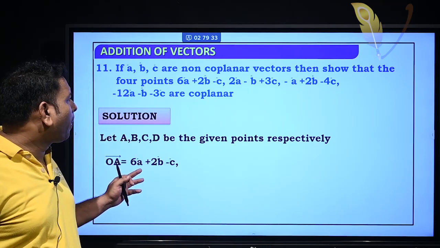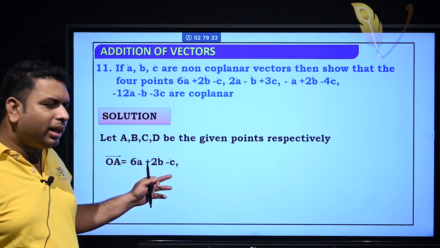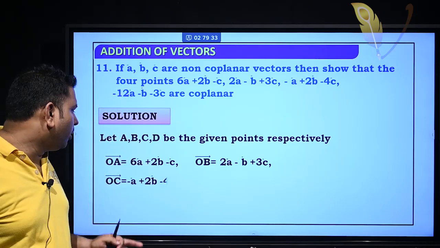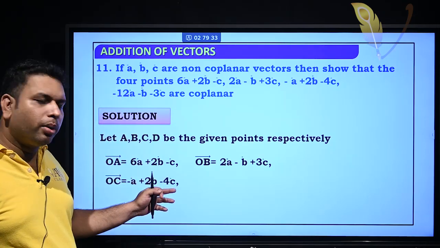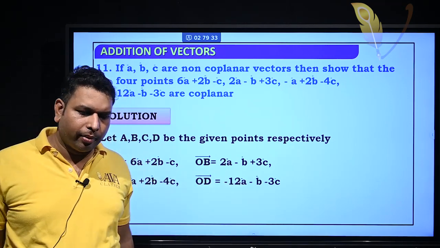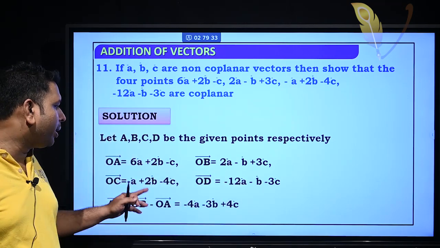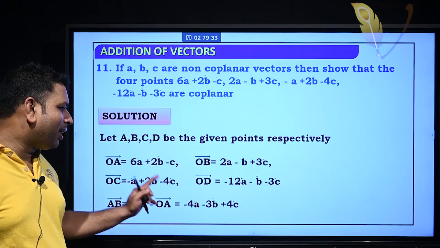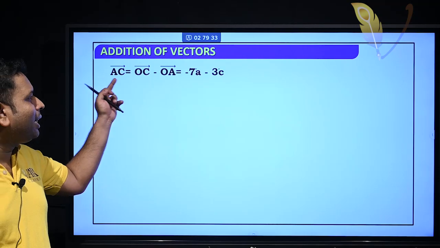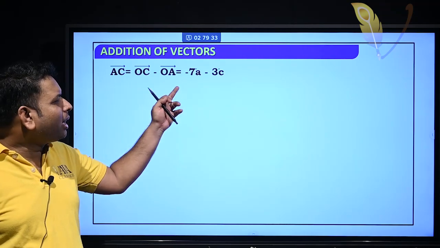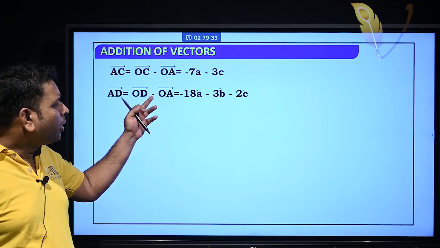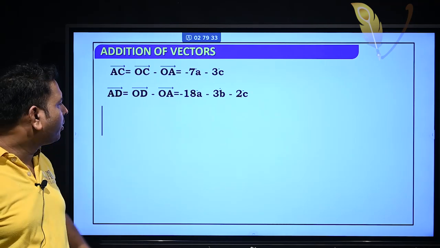OA equals 6a plus 2b minus c, OB equals 2a minus b plus 3c, OC equals minus a plus 2b minus 4c, OD equals minus 12a minus b minus 3c. AB equals OB minus OA, so minus 4a minus 3b plus 4c. Similarly, AC equals OC minus OA, so minus 7a minus 3c. AD equals OD minus OA, so minus 18a minus 3b minus 2c.